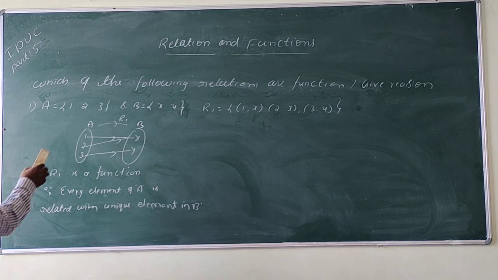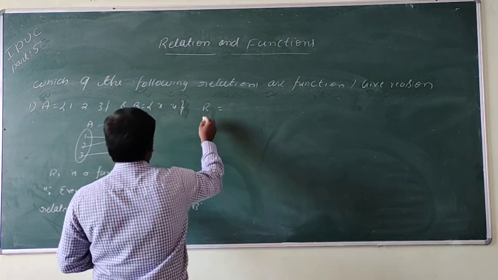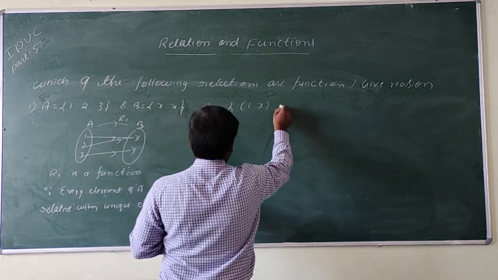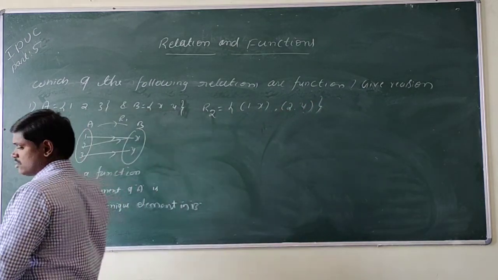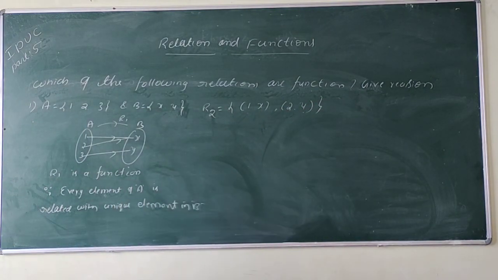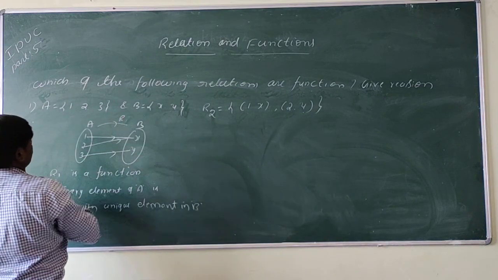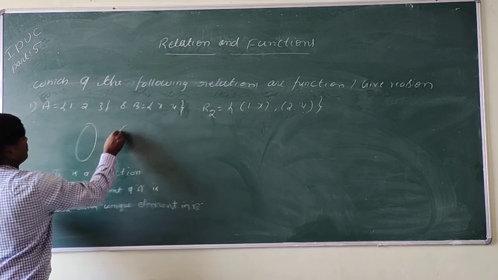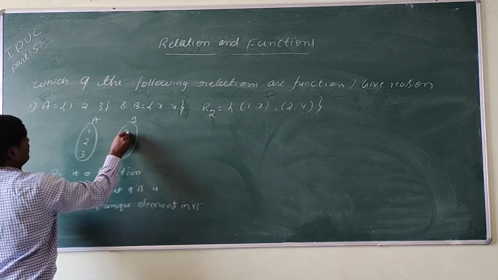So second one, R2 is defined as {(1, x), (2, y)}. So this is the relation. Whether this relation is a function or not. I am taking here R2. This is set A and this is set B, that is 1, 2, 3 and x, y.